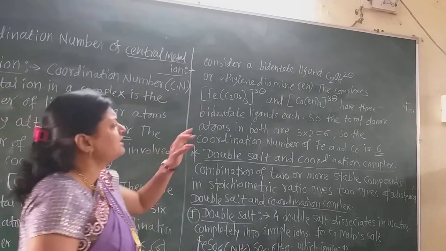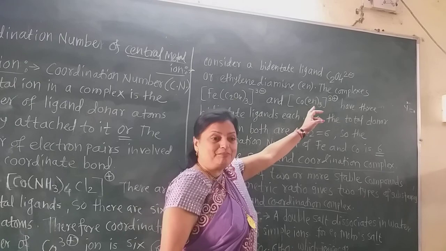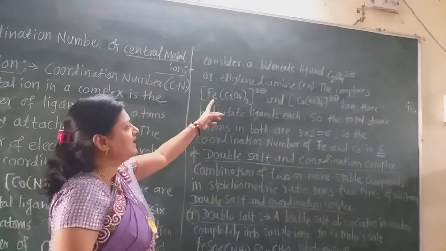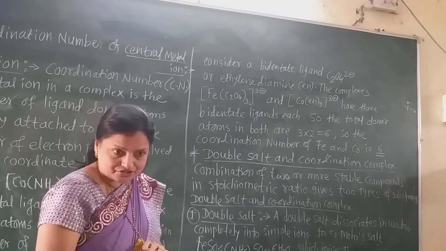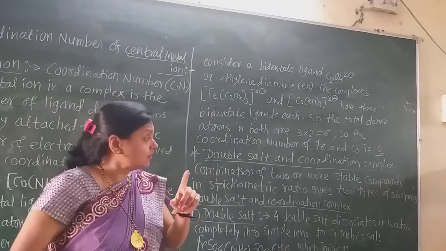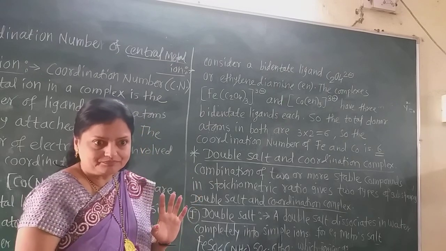Now why is the charge -3 here and +3 here? That is also very important. Here the ferrous ion has +3 charge, but each oxalate ion has -2 charge.